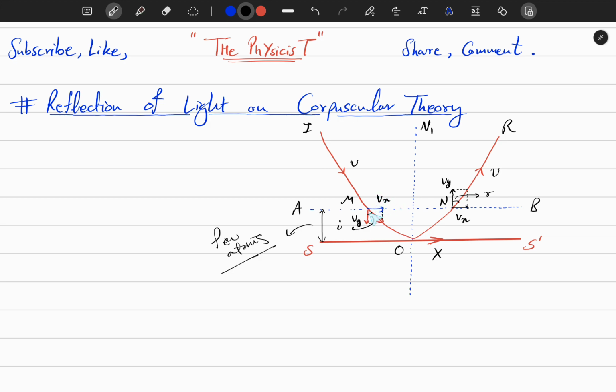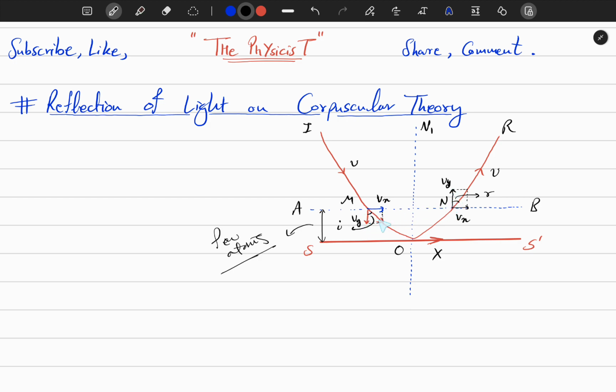One is Vx, which is parallel to the surface, and one is Vy, which is perpendicular to the surface. So as the force of repulsion acts perpendicular to the surface, this component Vy will decrease and reach zero as the corpuscle comes to the point O. Okay, and then it will start increasing and will reach the magnitude Vy, but the direction is just flipped around.